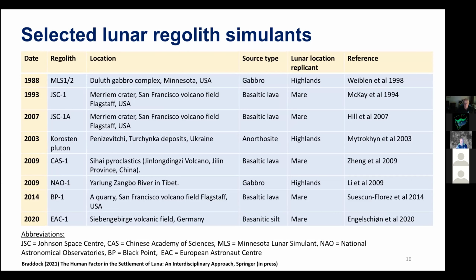Without going through these in fine detail, they represent a number of countries and the interest of a number of space agencies. The ones used the most in the scientific literature are JSC-1, after Johnson Space Center, and JSC-1A. There are a number of other simulants, as you can see here, but by and large it's the JSC-1 simulant that's been used for a number of the studies that I'll describe.